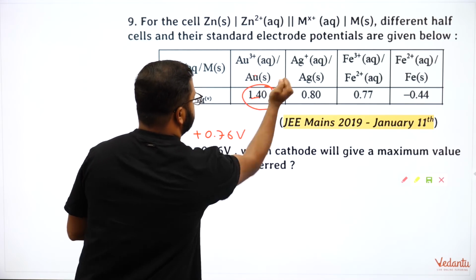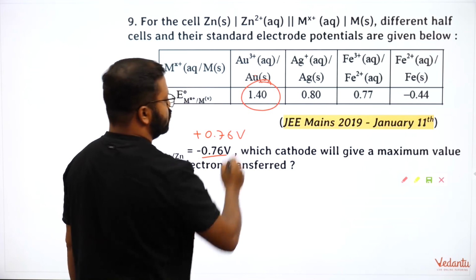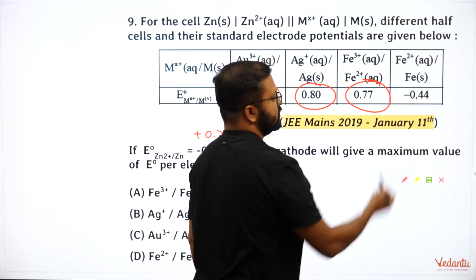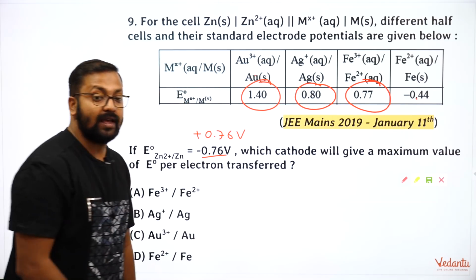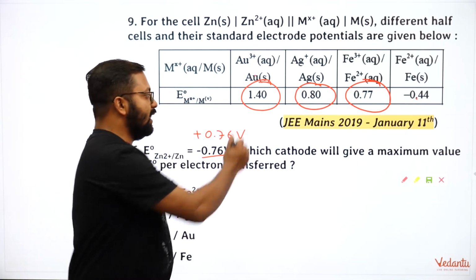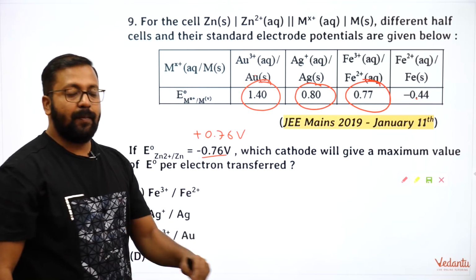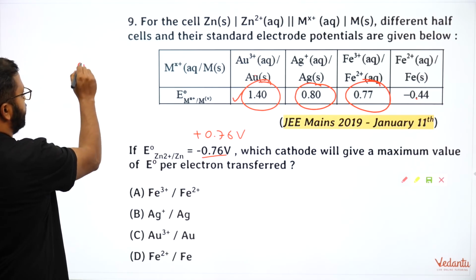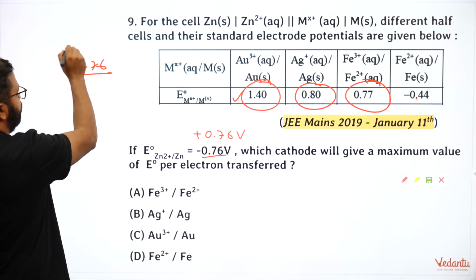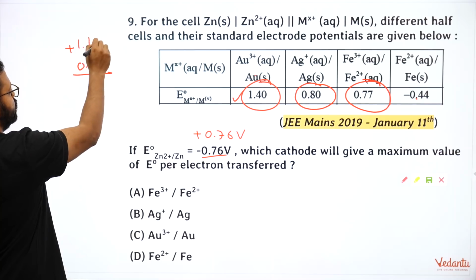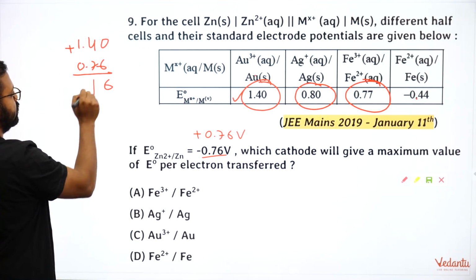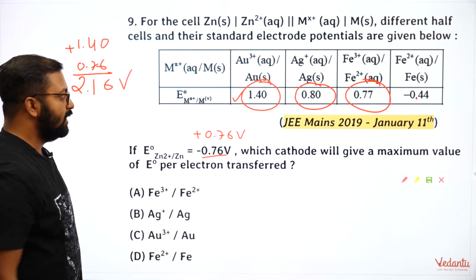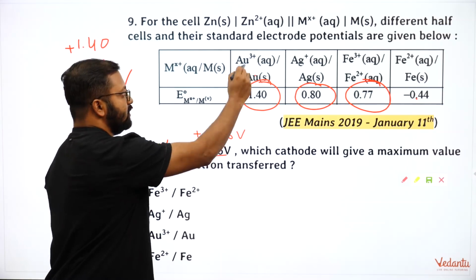So this is 1.4, this is 0.8, this is 0.77, this is minus 0.44, so I will not use that as the reduction half cell. हम क्या करेंगे, इन तीनों को अगर इनसे हम ऐड करें, then maximum positive value कहाँ पे मिलेगा? In this case I will get the value as 0.76 plus 1.40, that will be 2.16 volts मिलेगा if I combine this and this.